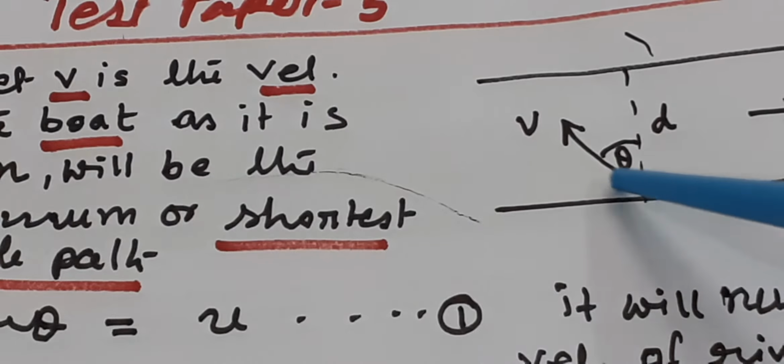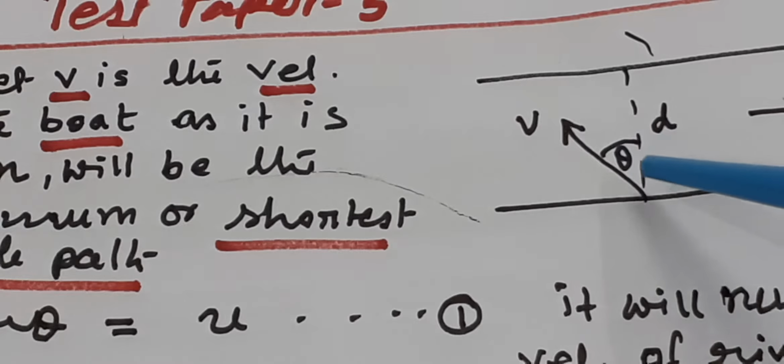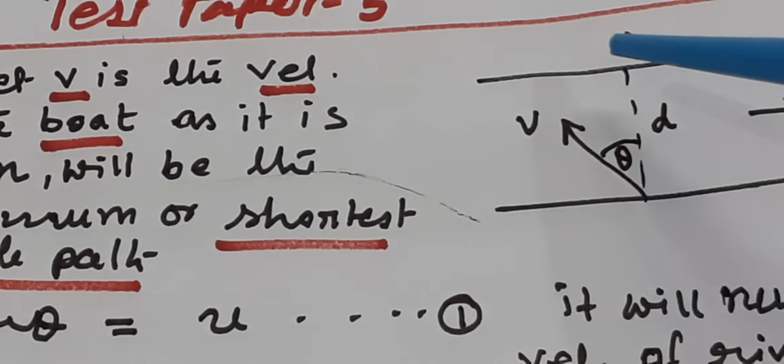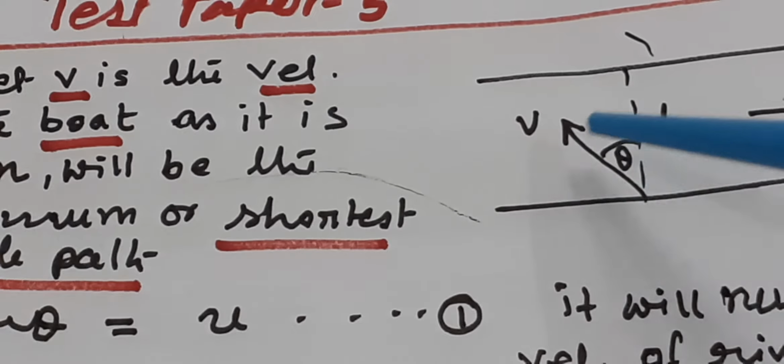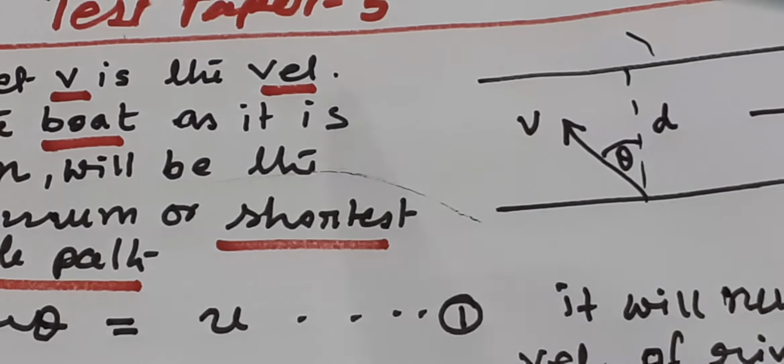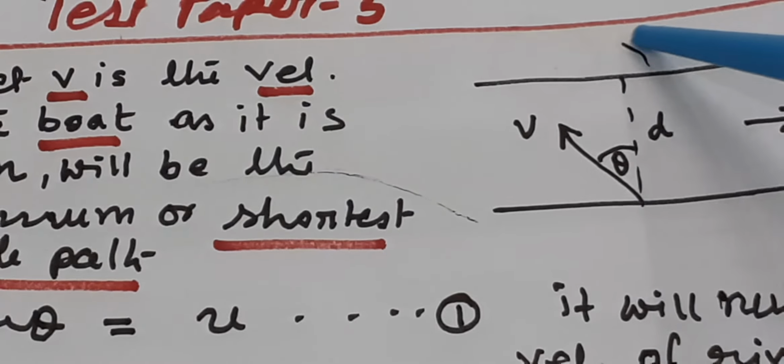Now if V is here, it has two components. With respect to this river width, say the angle is theta, so it has V cos theta as well as V sin theta. What is the purpose of V sin theta? To get the shortest distance, this is the shortest distance between these 2 points.